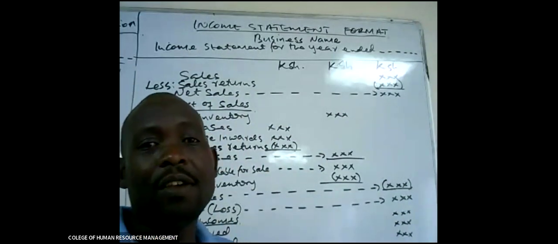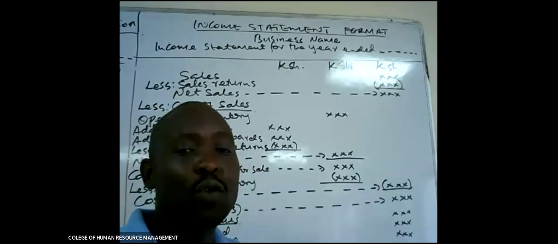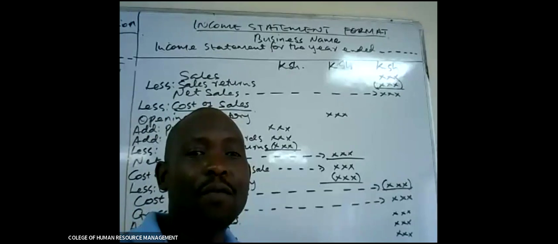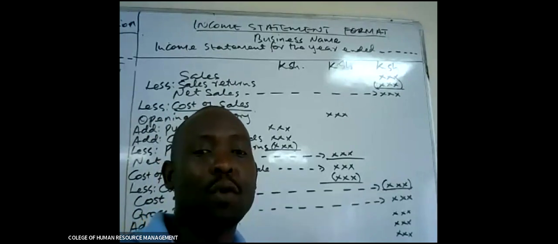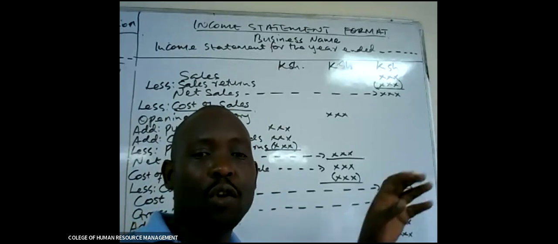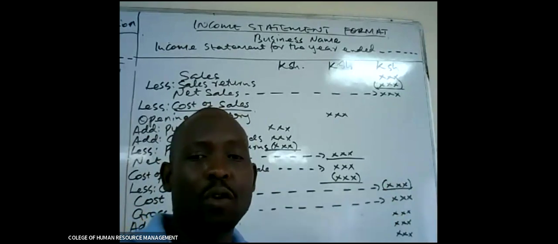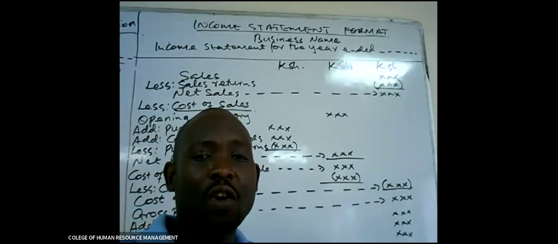Cost of sales is simply the cost of the goods that we have sold. Those goods that were sold had obviously initially been bought. A business normally deals with buying and selling at a profit. So we sold them at a slightly higher amount, but the question is, the goods that we sold, how much was their cost?